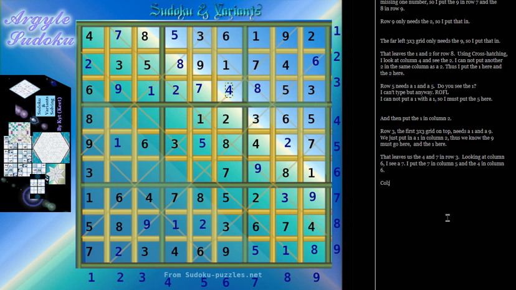Okay, column 5 is only missing one number, the 4.